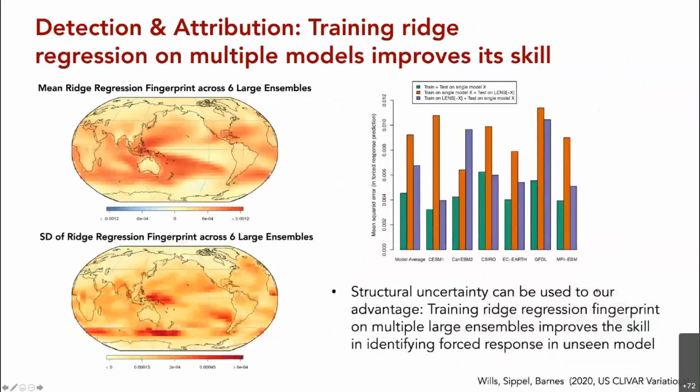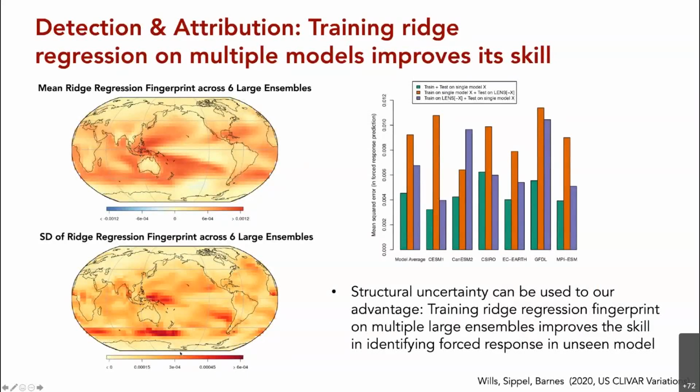And one thing we added in this variations article is instead of doing this with CMIP, as was in the last slide, to do this on 6 different large ensembles, and not just look at what the mean pattern is across these models, but how the pattern varies across the 6 different large ensembles.